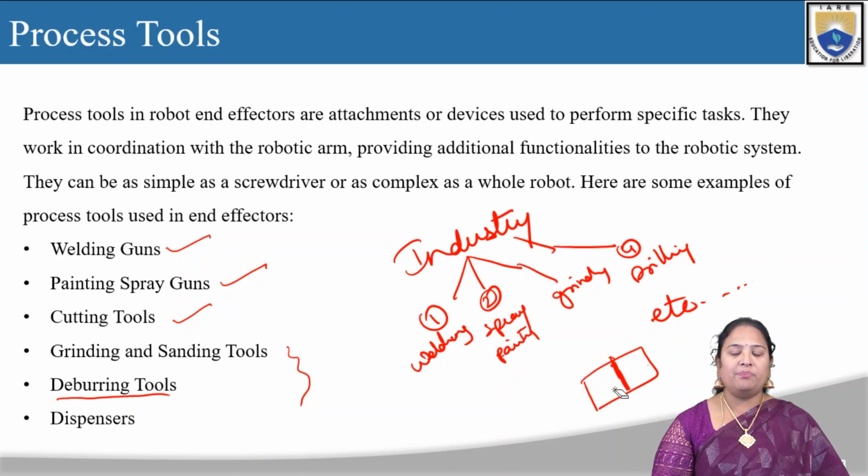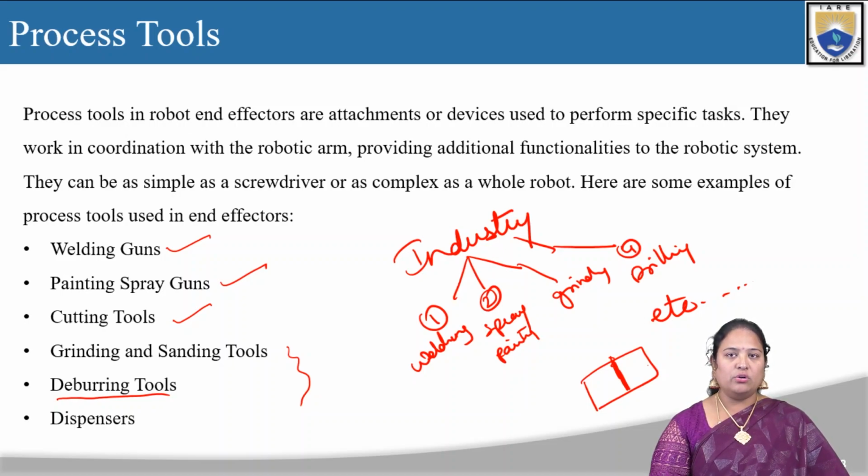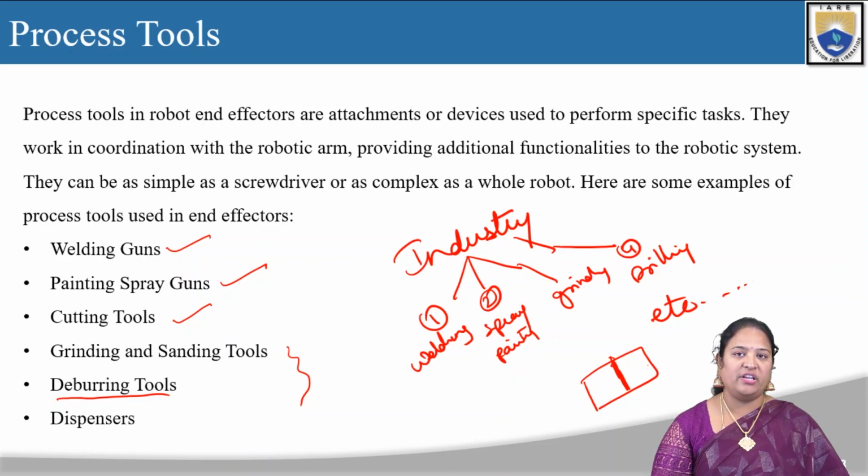So there the precision will be more. The product's precision will be more. That is known as a deburring tool. So for any particular application, wherever we require, that particular application's attachment will be placed on the end effector, and accordingly the robot will be working. Okay, so this is about the process tool.